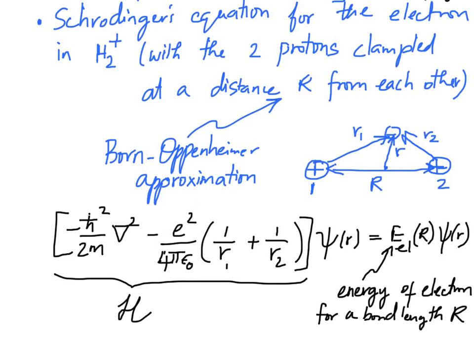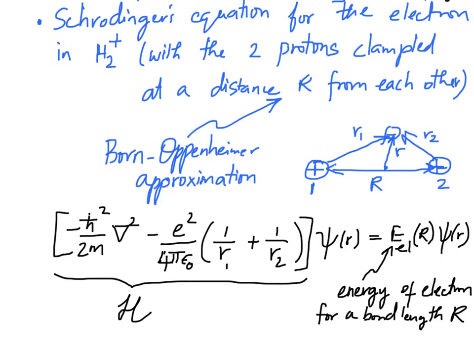And r1 and r2 are of course these distances. Now I've also introduced another distance, lowercase r, over here because we would like to choose the bond center, the midpoint between the two protons, as our origin, and so our electronic position is represented by r.